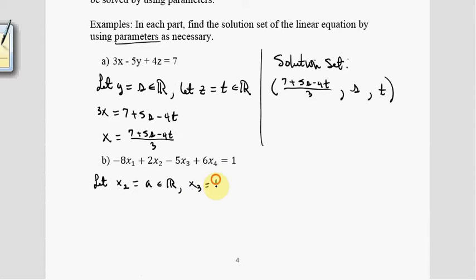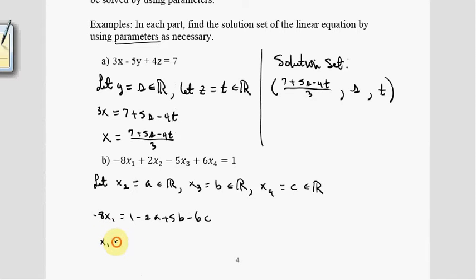X sub 3, let's call that b, some real number, and then x sub 4 equal to c, again, another real number. So we just isolate the x sub 1, so negative 8x sub 1 is equal to 1 minus 2a plus 5b minus 6c.